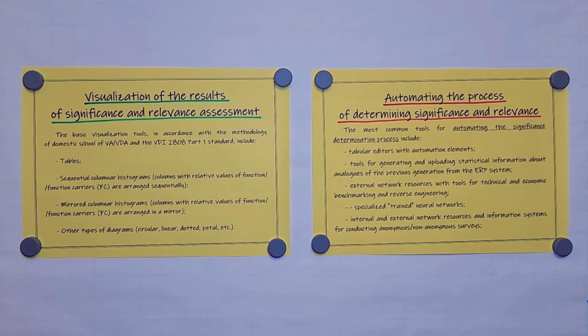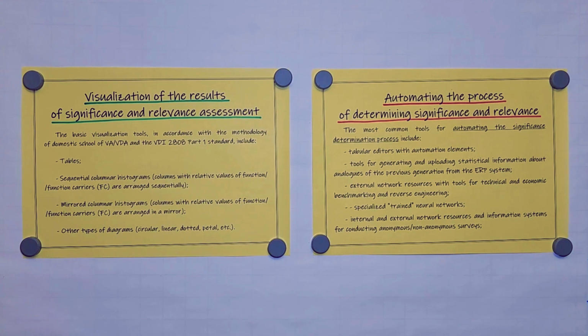In particular, relevance cost diagrams. The obvious disadvantage of mirrored bar charts is that they display only two evaluation parameters, whereas in the sequential charts that we built in our example, 3 and 6 compared parameters are displayed. In practice, depending on management requests, any suitable forms of visualization can be used, in particular those proposed in the VDI 2808 Part 1 standard.